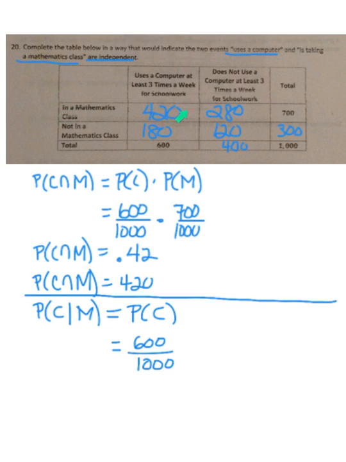So out of the total number of people in a math class, which is 700, right? So out of those 700 people, given that you take a math class, how many of them are also using a computer at least 3 times a week?